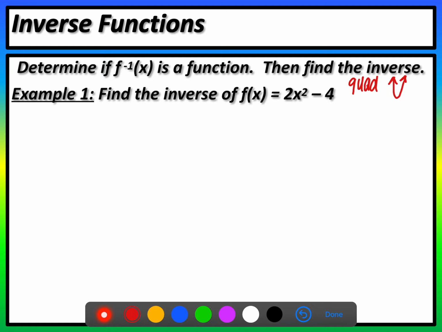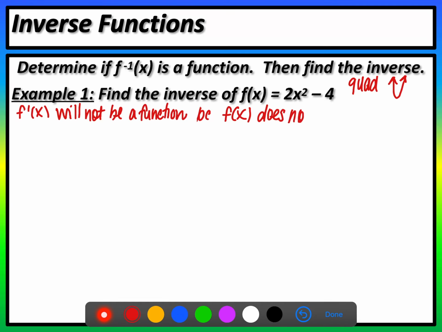So f of x is a function, but if we apply the horizontal line test here, f inverse of x will not be a function, because f of x does not pass the horizontal line test, or because f of x is not one-to-one.